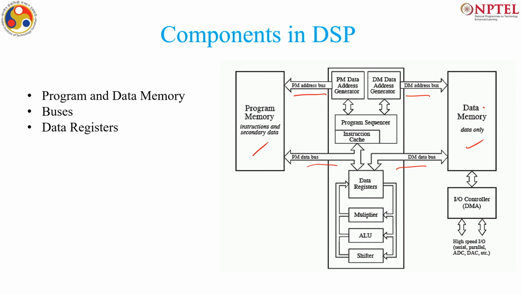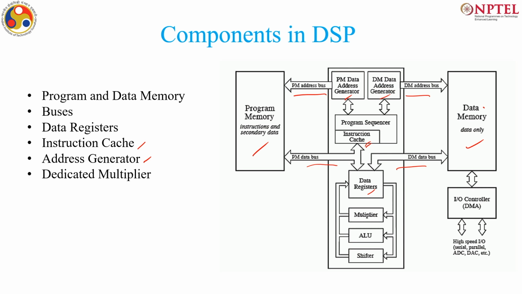Then there are something called data registers, where we store some intermediate results. There is something called instruction cache, which will basically store the recent program or the recent instructions to be executed. There is something called an address generator. Here you see there are two address generators. Then there is a dedicated multiplier which will do faster multiplication.